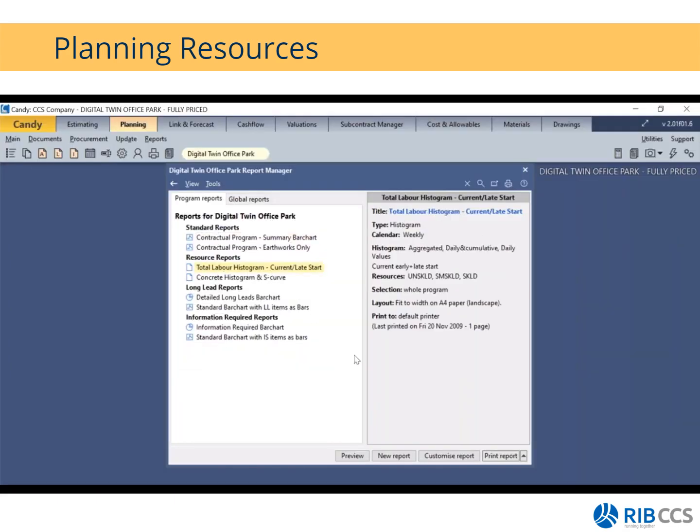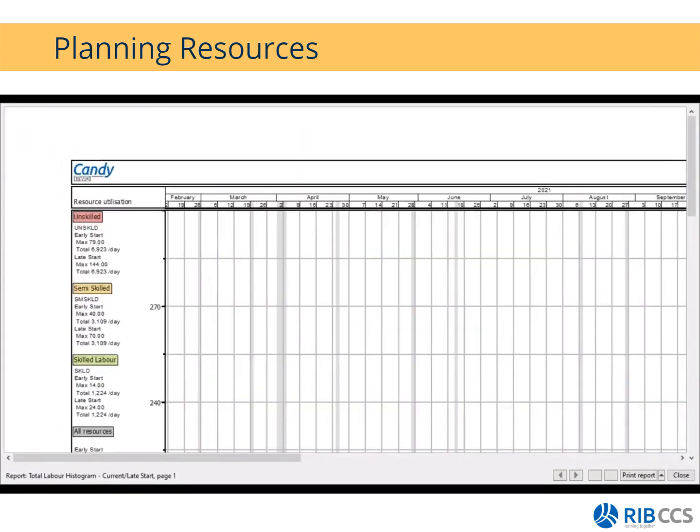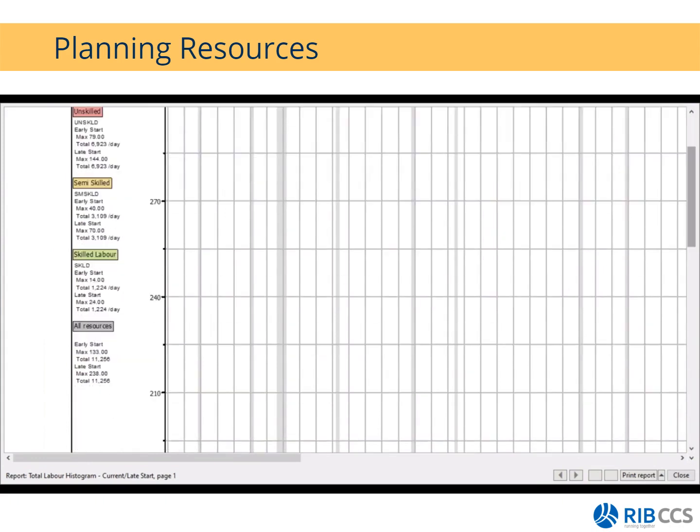Then we have our total labor histogram. And if you look on the right-hand side of this little block, you'll see that I've selected the unskilled labor, semi-skilled, and my skilled labor. On the histogram, I have selected my early and late starts, and I've selected cumulative curves as well as my daily values. So if I preview this for you, it's a bit small, so let me just zoom in on the left-hand side. You'll see that it will tell you what is your maximum at early start, what is the maximum at late starts, and then at the end of the project, what is your total value.